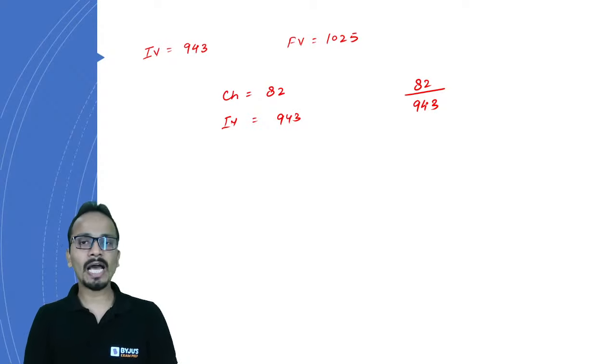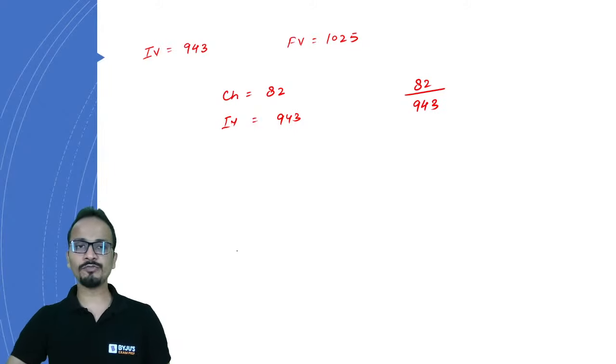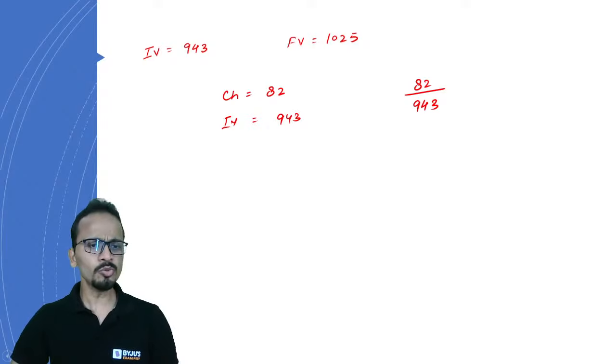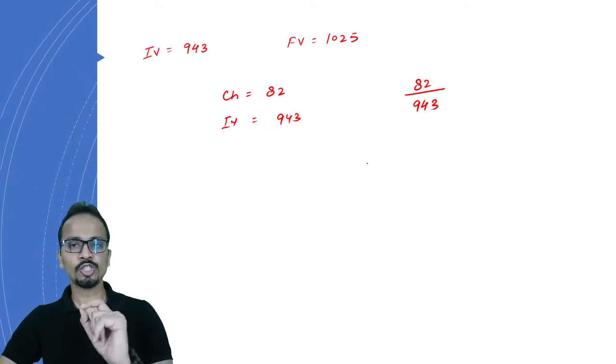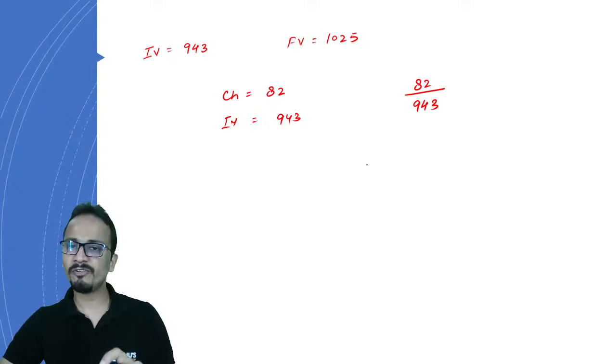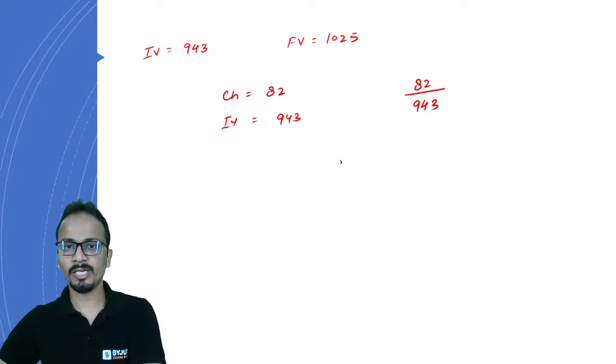Now let's look at some of the approximation techniques that will help us in finding the answer. I have to find out 82 is what percentage of 943. So 943 will be treated as base. Pick up this number 943.